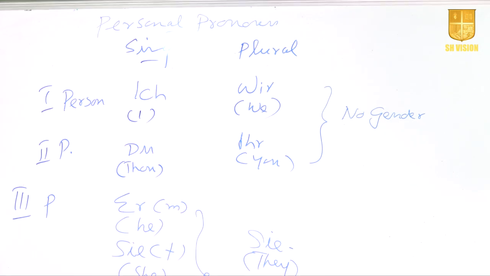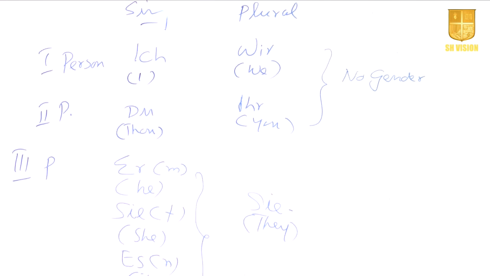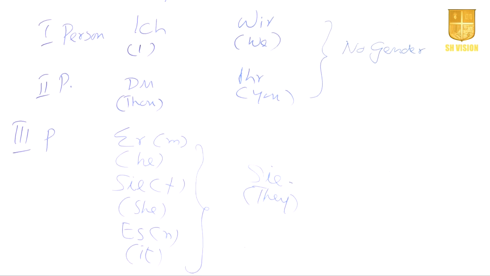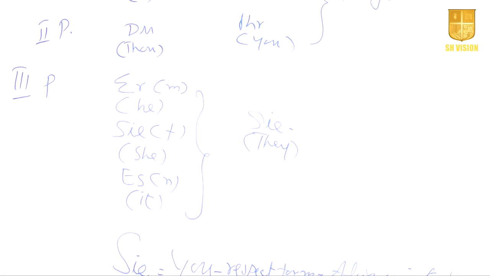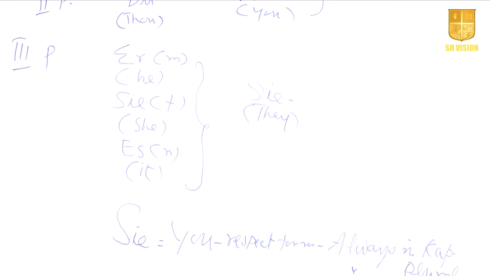So this is personal pronoun. The first and second person has no gender and it is always the same. The third person has gender, he, she, it, and Sie in small letter, they. Then there is a speciality in German language, the capital Sie, which is used as a respect form to address somebody who is your superior or particularly a stranger.